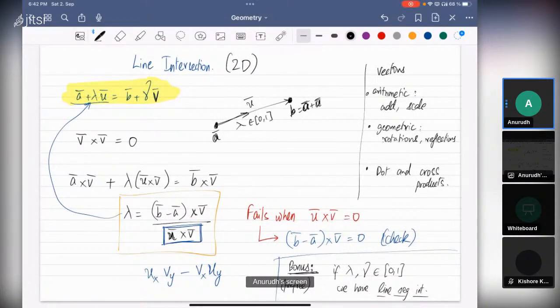So if you just assume that they're fully lines and you find the intersection, the only thing you need to check is whether the intersection point lies inside the segment or outside. And that check is just checking if lambda is between 0 and 1. That gives you the point inside.